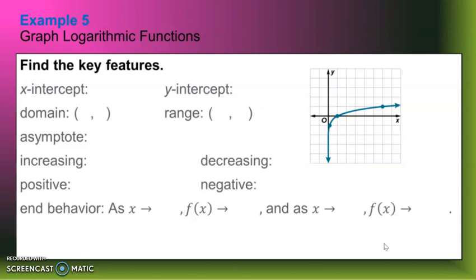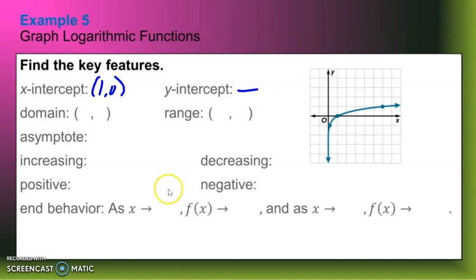Now let's find the key features. So here you have the same graph that we had, which is very similar to what I have there. And let's just describe the key features here. So the x-intercept here is 1, 0. I don't have a y-intercept because the asymptote is now the y-axis. The domain: you'll notice that I never go to or past 0. So they have this as ordered pairs.